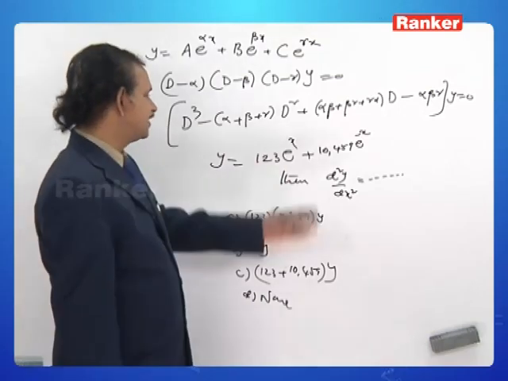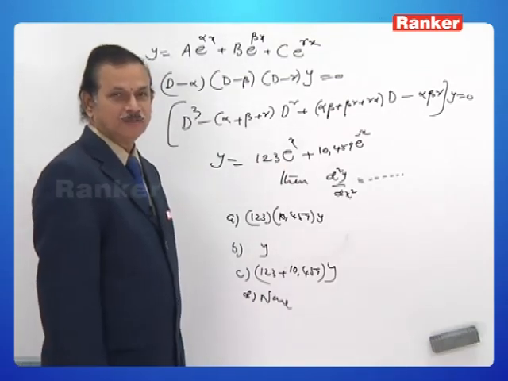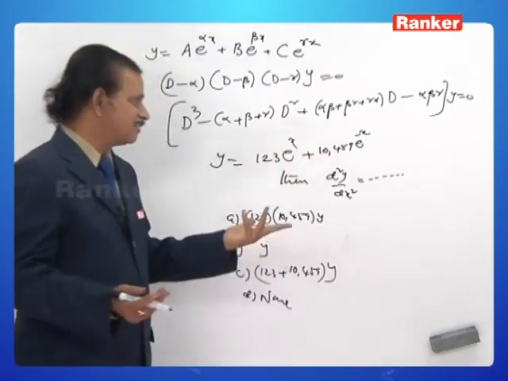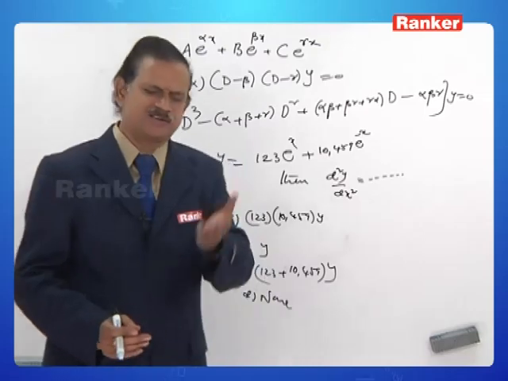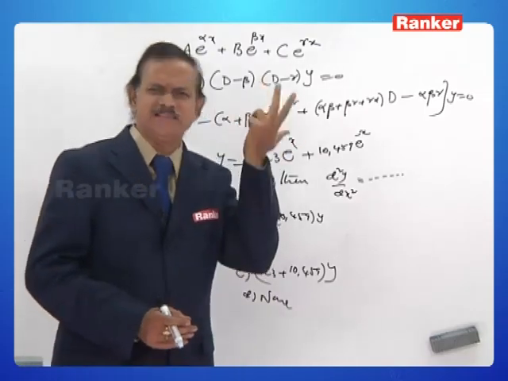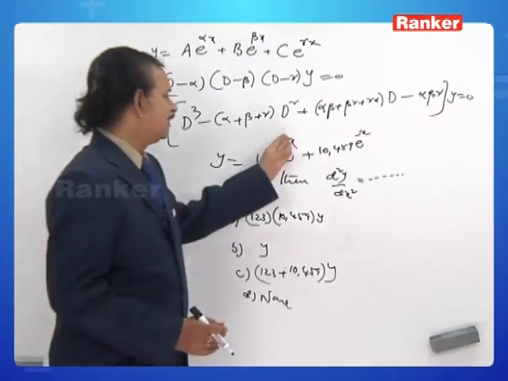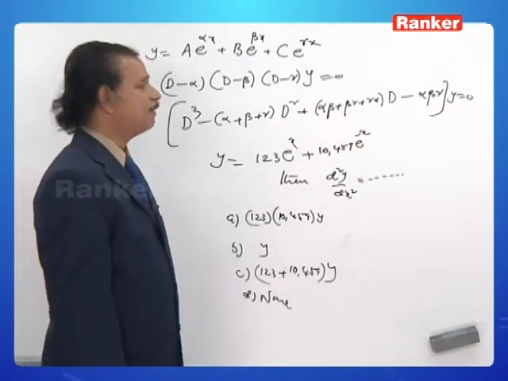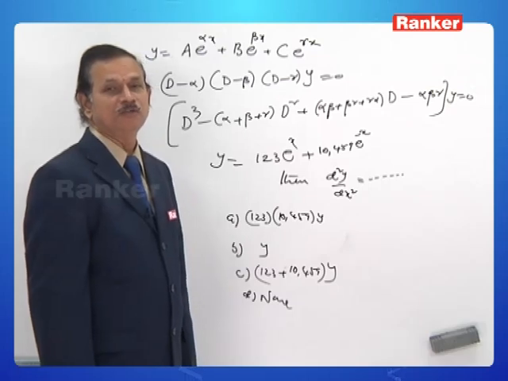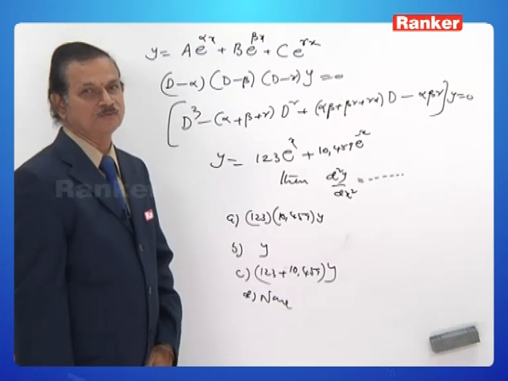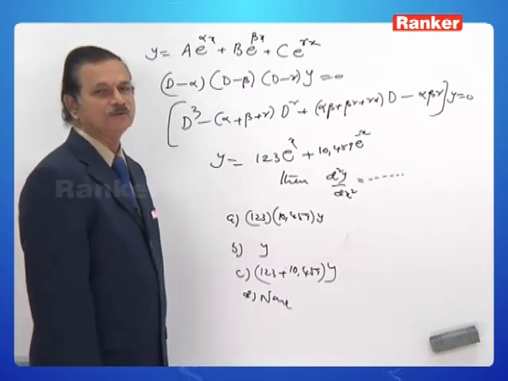What is the speciality in this problem? We may be stunned by looking at these numbers 123, 10,459, whatever larger integers he may give there. We just do not touch them. Alpha is 1, beta is minus 1. Alpha plus beta is 0. So there is no question of getting any dy by dx. D square y by dx square minus y is equal to 0.